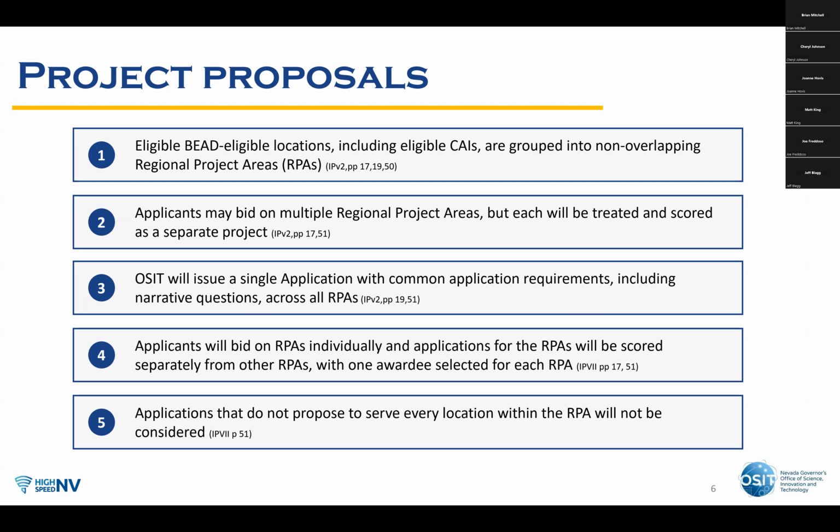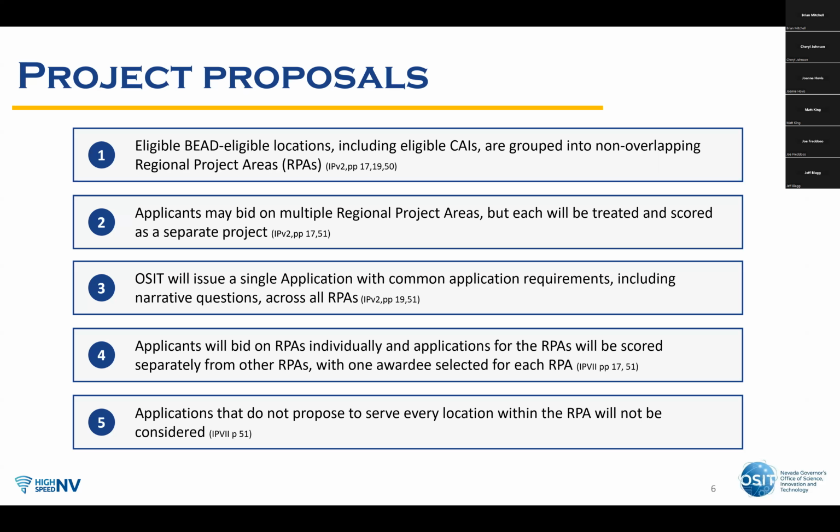The regional project areas are groupings of BEAD eligible locations that have been designed by OSIT based on modeling, data mapping, and input from multiple stakeholders.